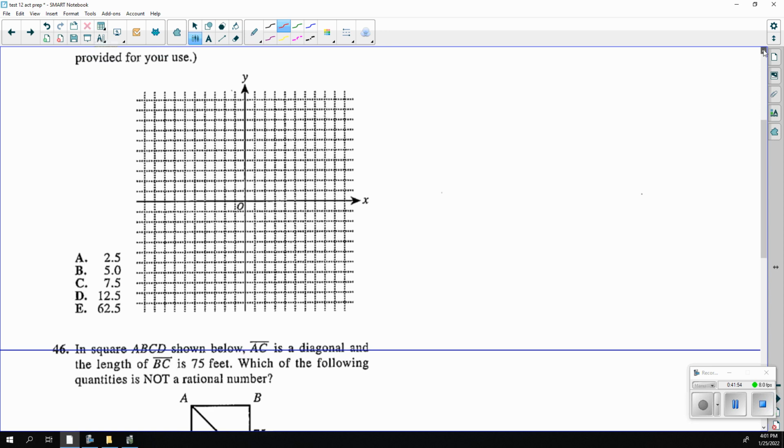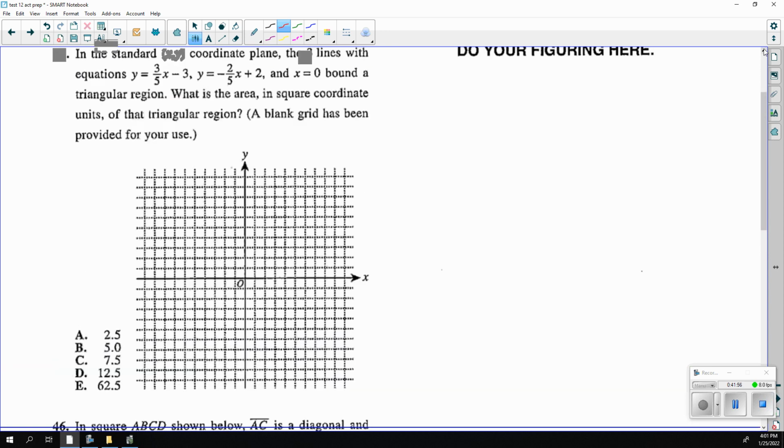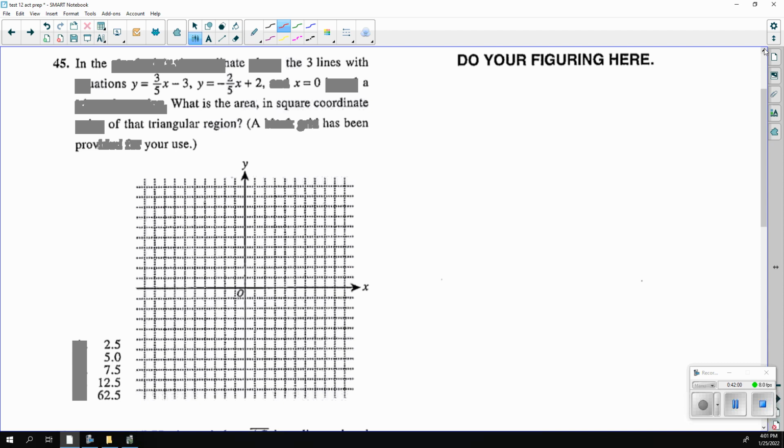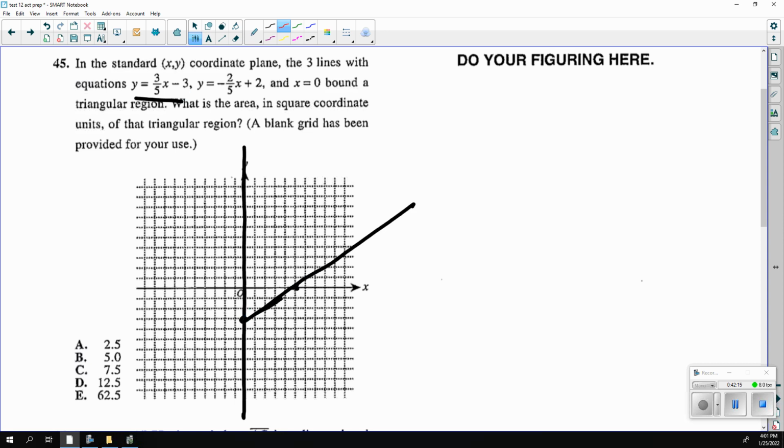Tricky one here. Everybody's going to hate me. X is 0, is this line straight down, and then this other one is -3 with a y-intercept and a slope of 3/5, and the other guy has a y-intercept of 2 and a slope of -2/5. And they want the area of the triangle, huh?